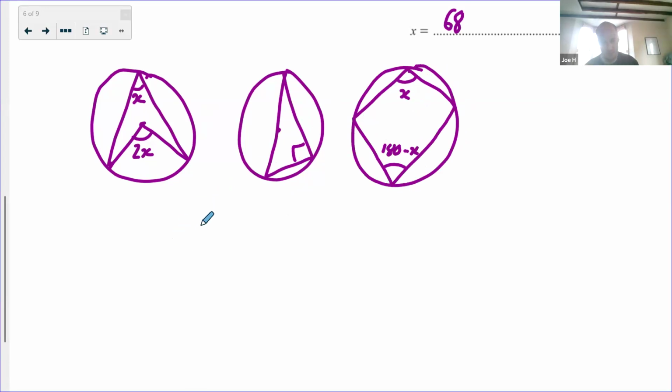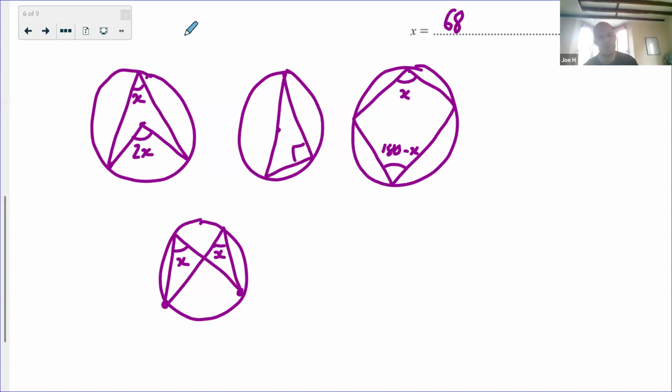And you need to know that for the same reason as this, if this is x, then that would be the same x. So these are just called the circle theorems, and these just need to be known, really. So you need to know these facts as well as this one.